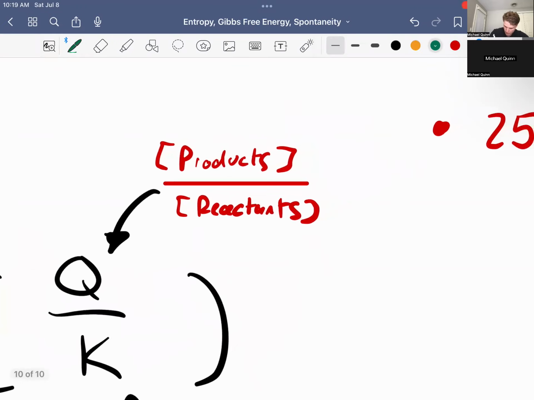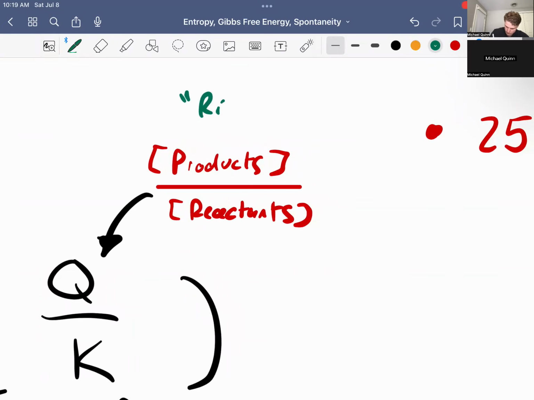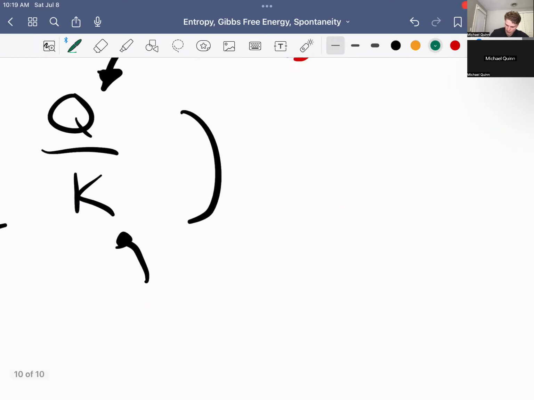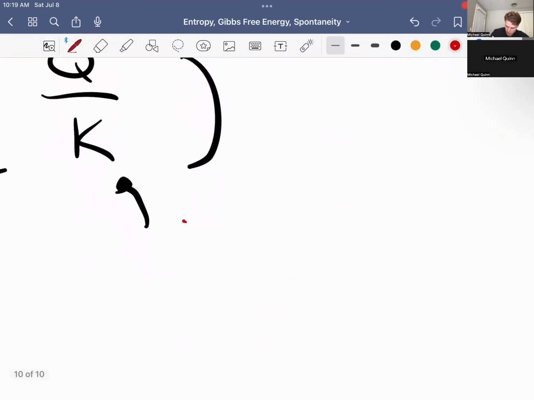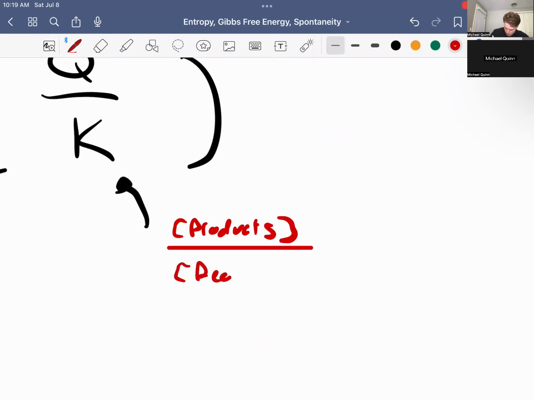However, for Q, this is right now, and for K, this is at equilibrium.